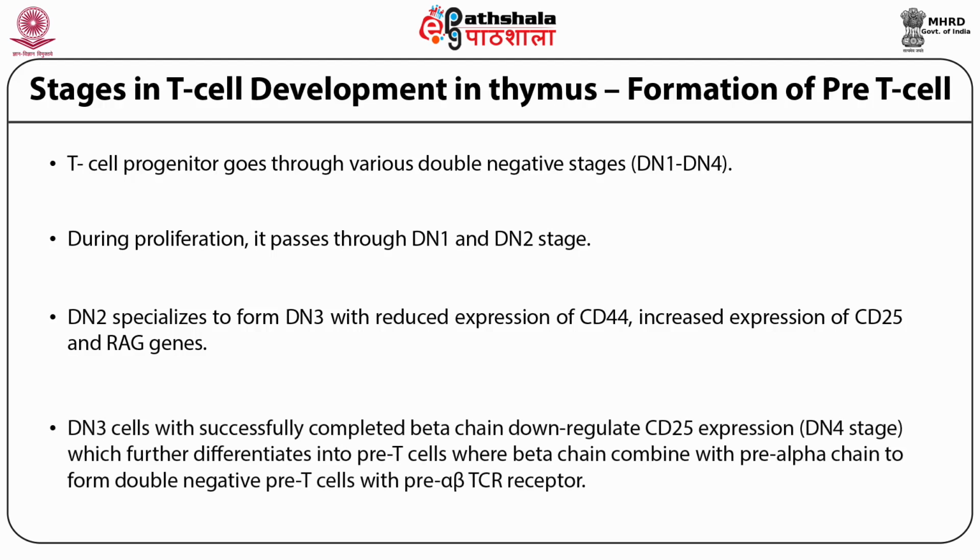Double negative 3 cells with a successfully completed beta chain downregulate CD25 expression, which further differentiates into pre-T cells where the beta chain combines with the 33 kilodalton pre-alpha chain to form double negative pre-T cells with pre-alpha beta TCR receptor.